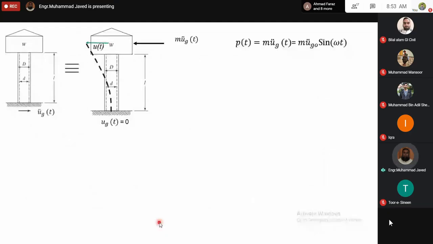So first of all, we need to find the peak value of the corresponding effective force acting on this tank. We just derived an equation that effective force is MUG double dot, and UG double dot is represented by UG naught double dot sine omega t. The peak value of P(t) can be represented by P naught.